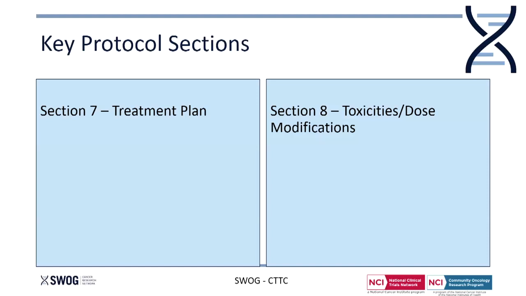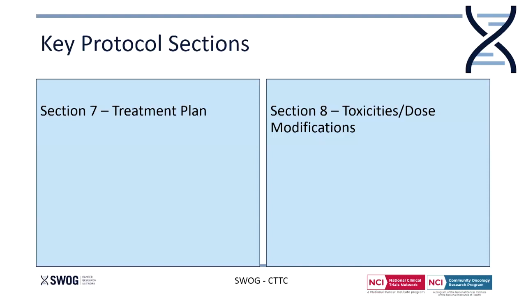And then Section 8 are the toxicities that you need to look for and what to do if there's a problem. So if there's dose modifications necessary, or if the patient needs to be removed from treatment for adverse events, or if a pause in treatment is allowed, how long can a patient pause treatment before they would need to be removed from protocol treatment?